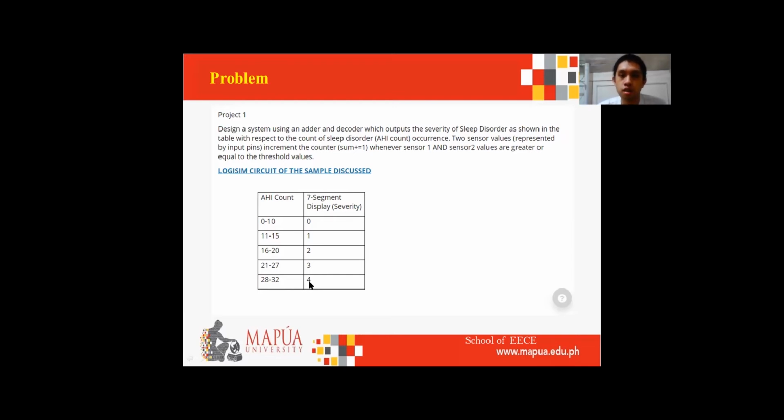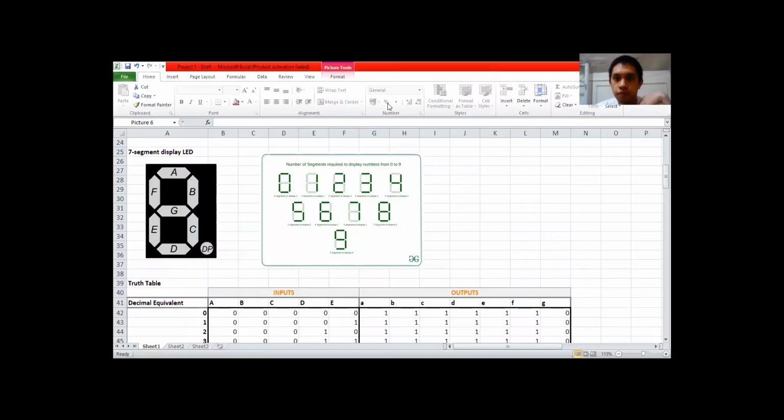So in order for us to better understand this problem, let me discuss first the 7-segment display. So here is the illustration of the 7-segment display LED, which can be found in the Logisim software.